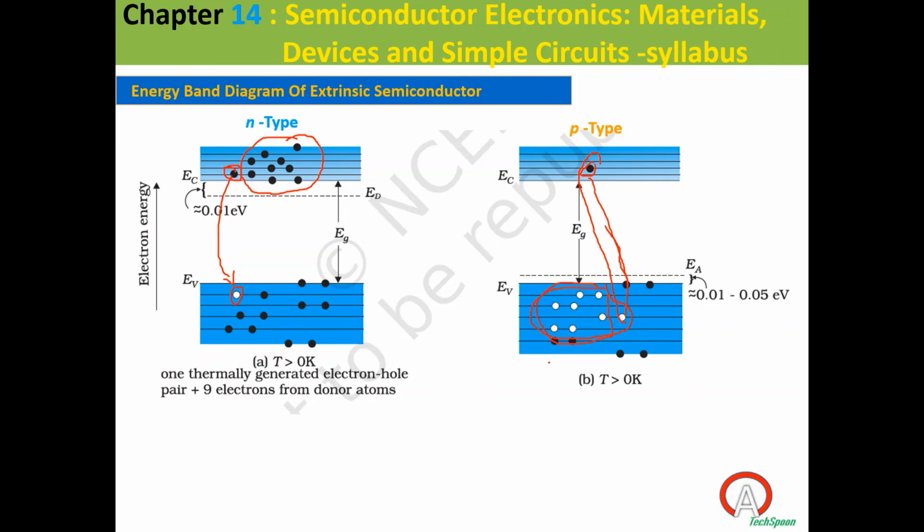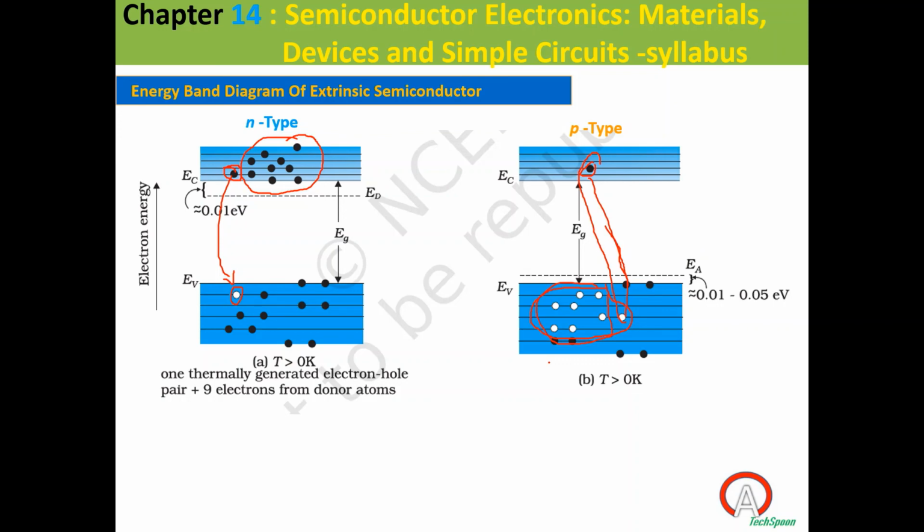In the case of extrinsic, you have to remember how we have to construct it. How we construct an intrinsic semiconductor, and how we can create an extrinsic n-type and p-type semiconductor. And what are the properties of an intrinsic semiconductor? What makes the conduction possible? Only thermal excitation; free charges are generated only because of thermal excitation in the intrinsic case.